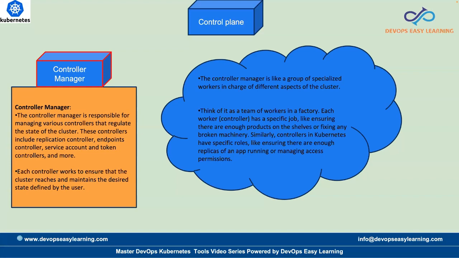Each worker has a specific job, like ensuring there's enough product on the shelf or fixing any broken machinery. Similarly, controllers in Kubernetes have specific roles, like ensuring there are enough replicas of an app running and managing access and permissions. They are there to make sure that everything's okay.